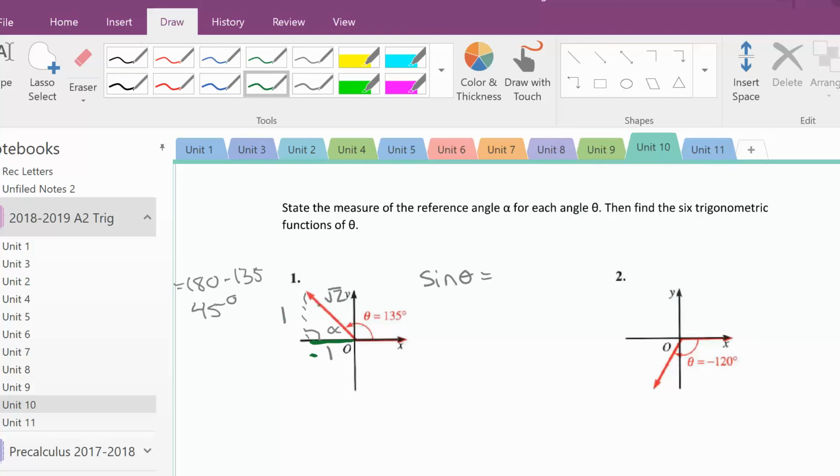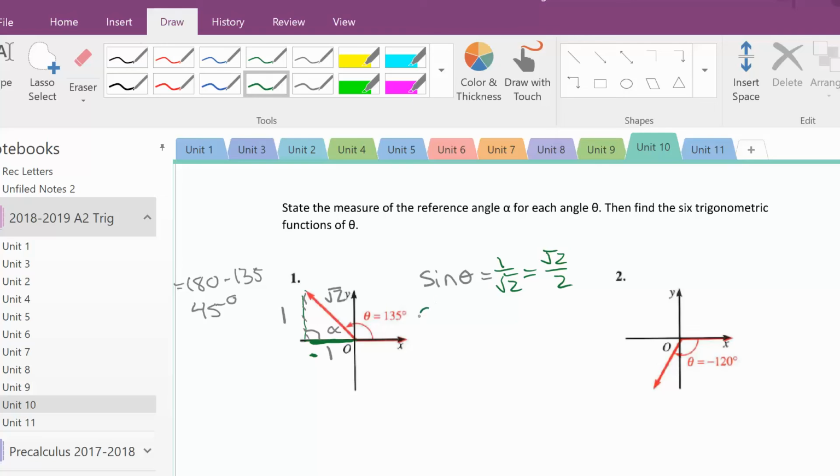So when we talk about opposite over hypotenuse in the second quadrant, if we look at this coordinate here, this is the x coordinate and this is the y coordinate. So sine, and this is the hypotenuse, or we'll call this in another lesson the distance from the origin to this point. So the sine here is 1 over rad 2, which is rationalized to rad 2 over 2.